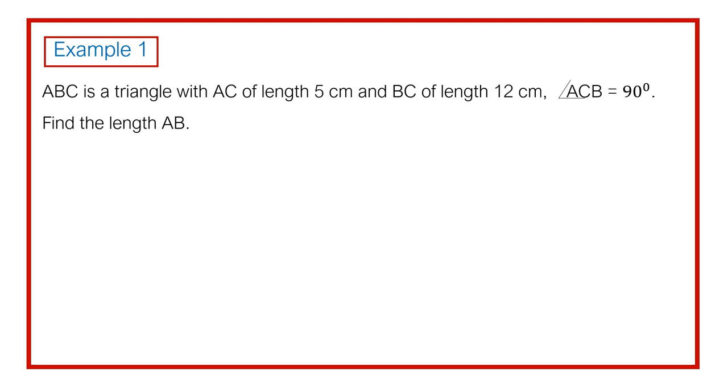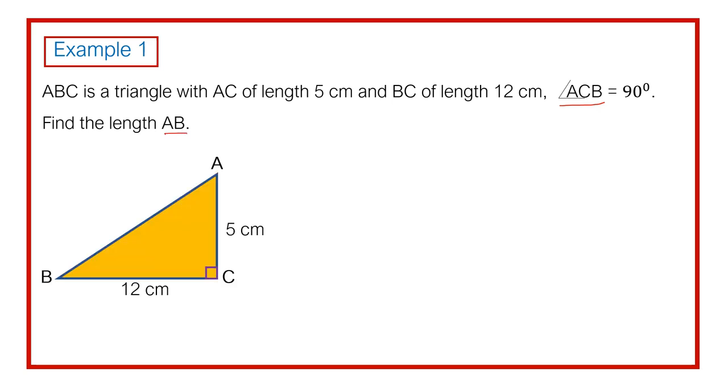In example 1, we have triangle ABC with AC of length 5 centimeters and BC of length 12 centimeters. We can also see that angle ACB is 90 degrees. So this triangle is a right triangle. Now we need to find the length AB.